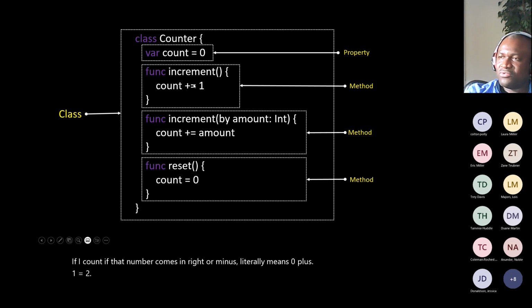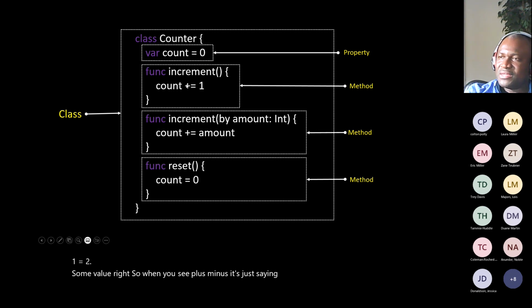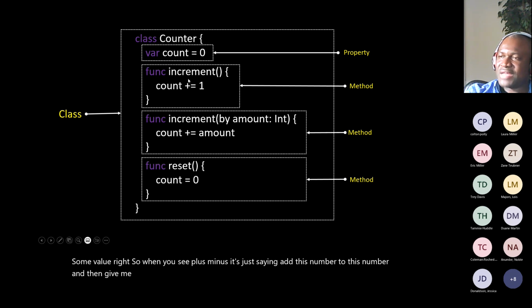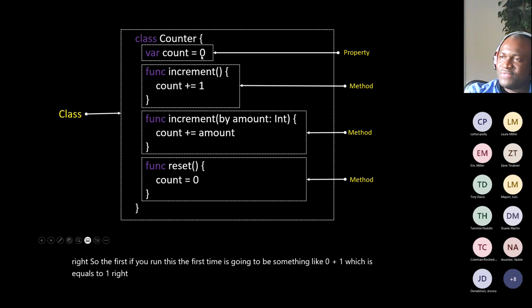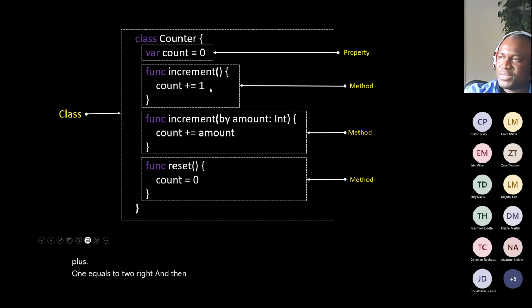So when you see plus-equals, it's just saying add this number to this number and then give me a value. You do the addition and then the equals gives you a value. So if you run this the first time, it's going to be something like 0 plus 1, which equals 1. And then it goes back. If you have 1, it will now be 1 plus 1 equals 2, and then it keeps looping that way.